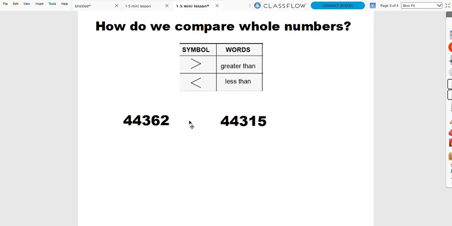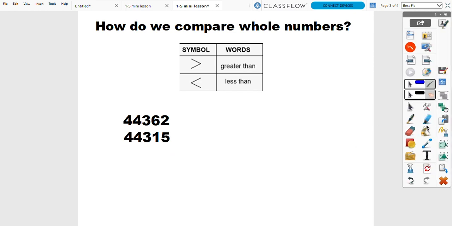Some of you mentally can look at that and know right away which one to pick. Others are going to need a little bit of a tend to precision strategy. What I would recommend is you rewrite these and stack them, and that's what you should do with your decimals. Then you can compare going down each place value.